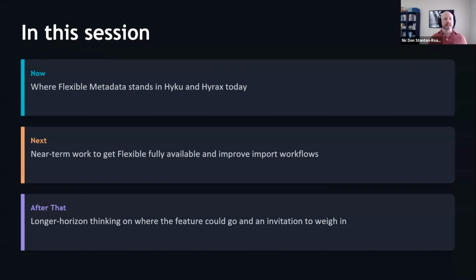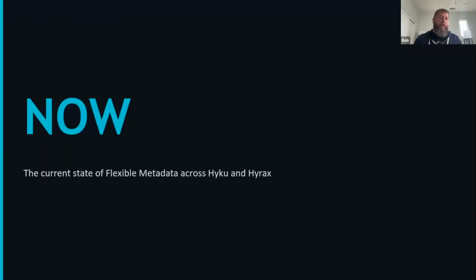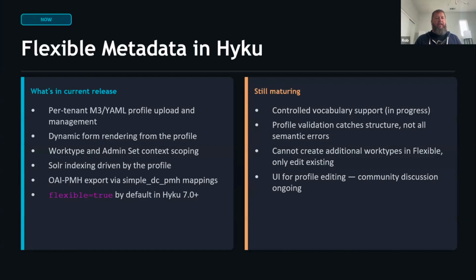Starting with the now, I'm going to hand this over to Rob to give us a quick overview of where flexible metadata stands in Hyku and Hyrax at the moment. So right this moment, in Hyku release 7.0 and 7.1, there is an updated version of the flexible metadata that relies on the same version that will be in the next Hyrax release.